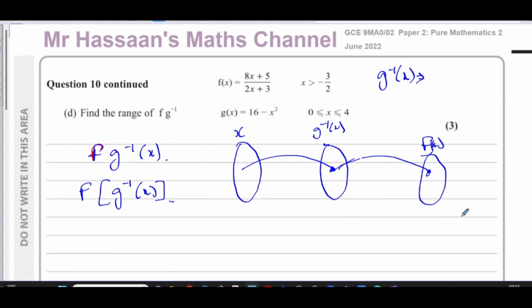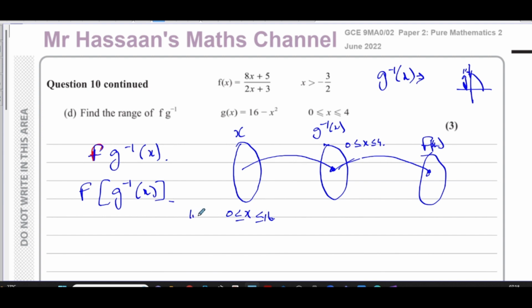If we go back to our graph that we drew, the range of g of x was 0 to 16. So the input can be any value of x between 0 and 16. That's what can go into the inverse function, and what comes out of it is values of x between 0 and 4.